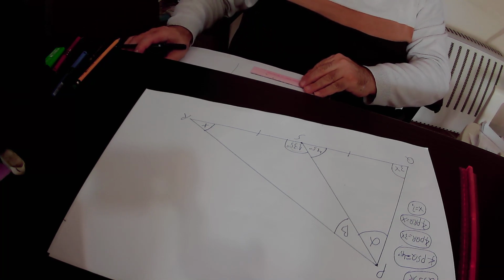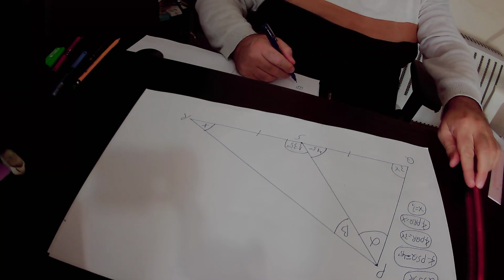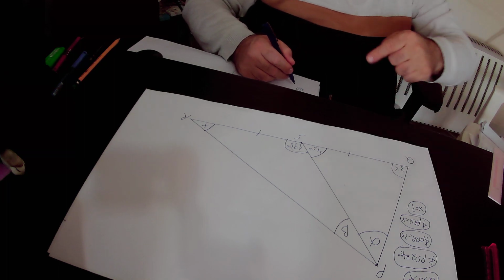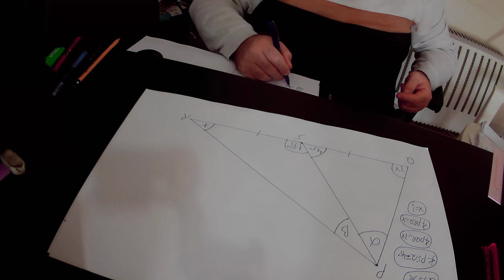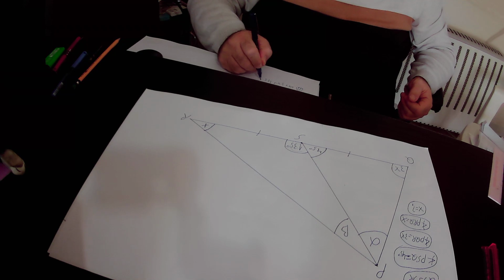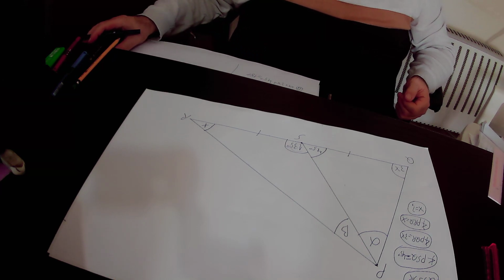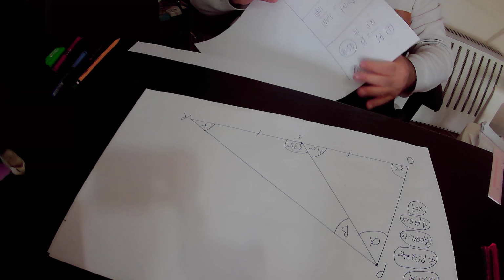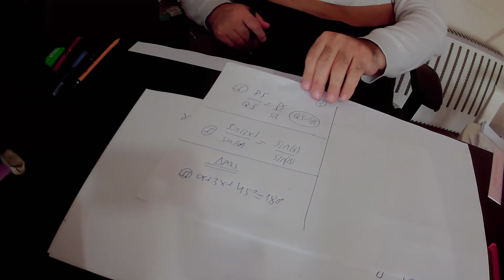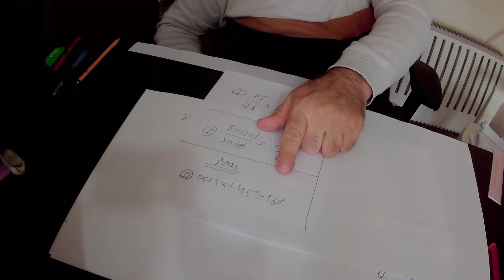That is to say, alpha plus 3x plus 45 degrees must be equal to 180 degrees. I will repeat again. In triangle PQS, the sum of the angles is equal to 180 degrees. That is to say, alpha plus 3x plus 45 degrees equals 180 degrees.